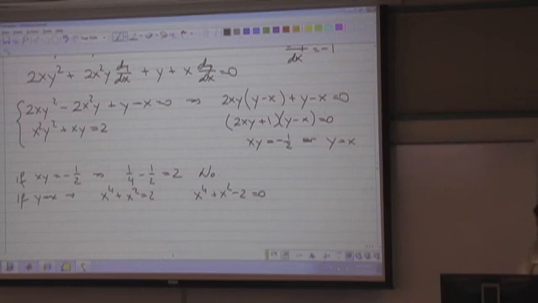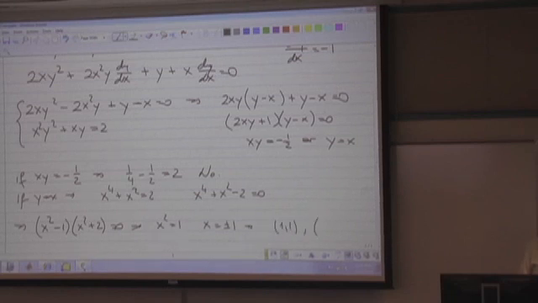And if you remember your pre-calculus, this is x squared minus 1 times x squared plus 2 is equal to 0, which means x squared has to equal 1, which means x is equal to plus or minus 1, which means your points are (1, 1) and (-1, -1).